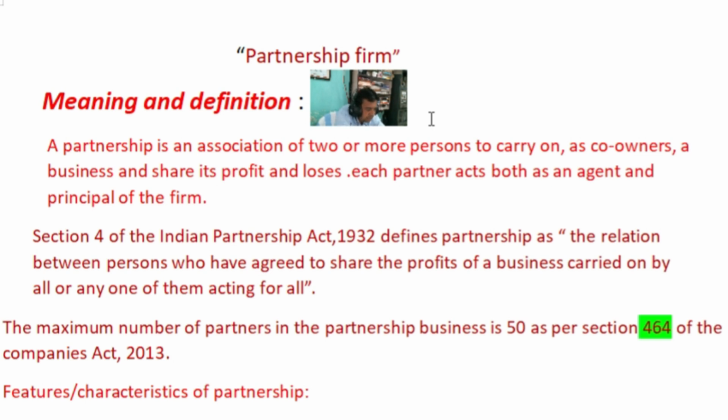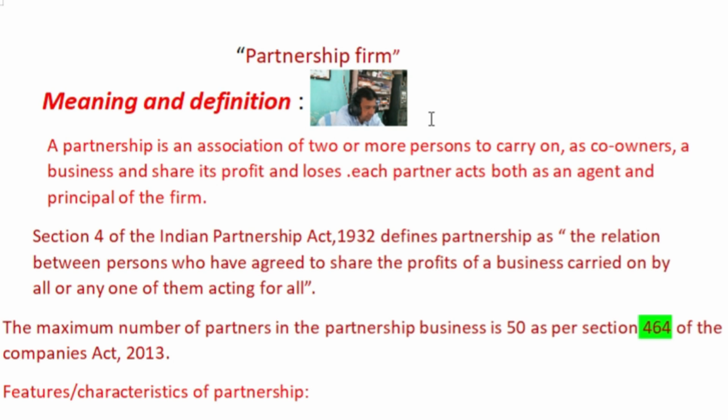Because of limited resources and capital, the supervision and control of a single person is also limited. So the next form of business is partnership. To overcome all these limitations of sole proprietorship business, the partnership form of business is popular to a greater extent.